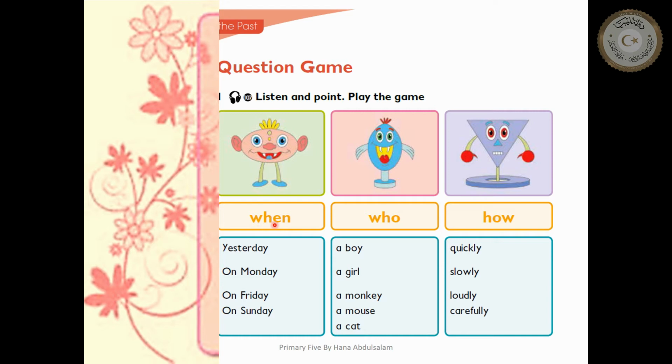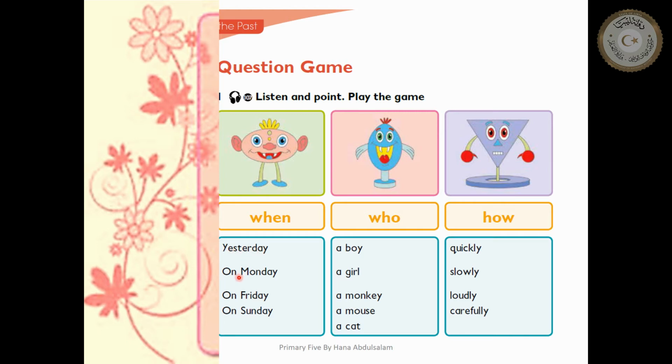Excellent. When, who, how. So here WHO, it's who. HOW, how. WHEN, when. Can we read what we have under it together? Yesterday.